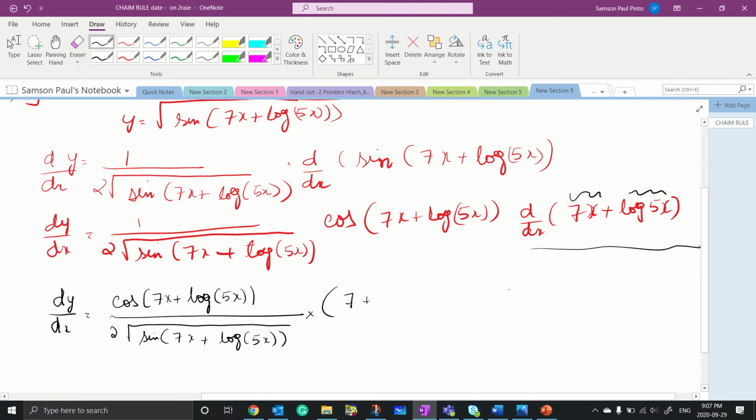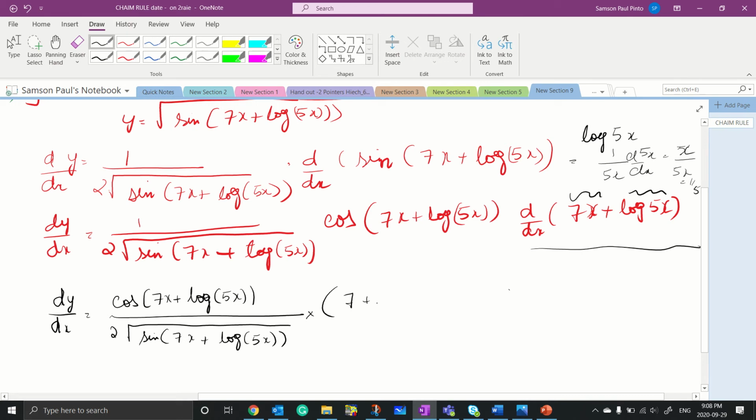I will solve this problem here. If you did not have 7, the derivative of log 5x would be 1 by 5x into differentiation of 5x, which would be 5 by 5x, which would be 1 by x.